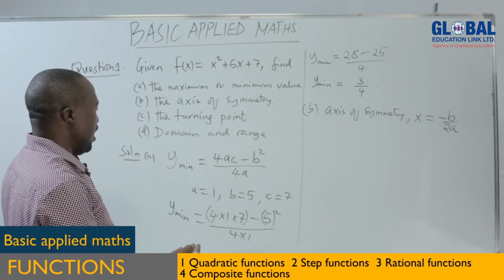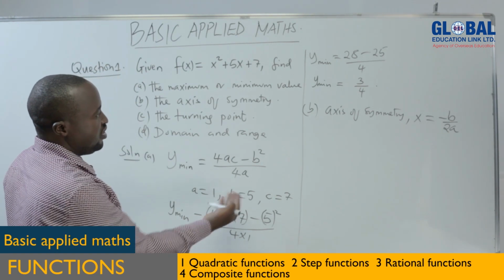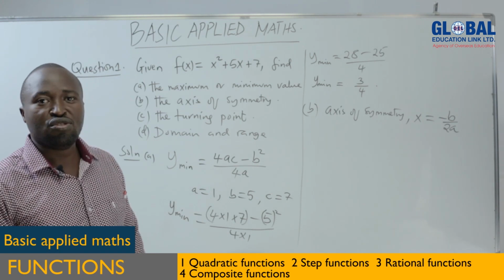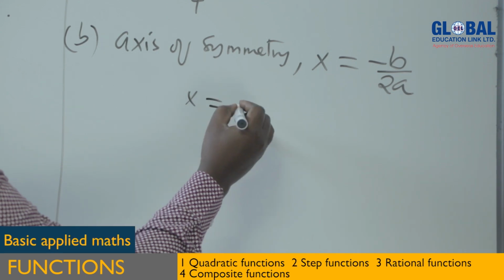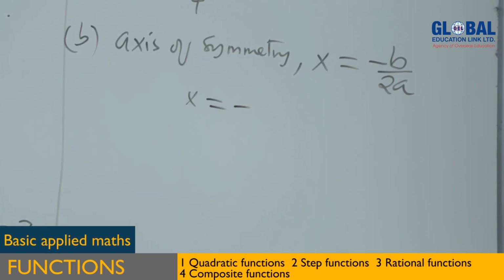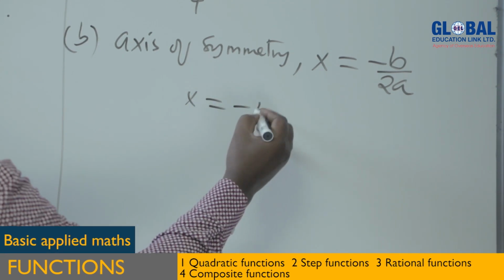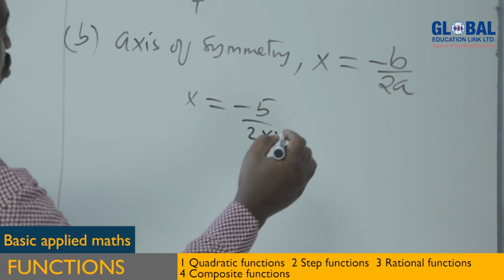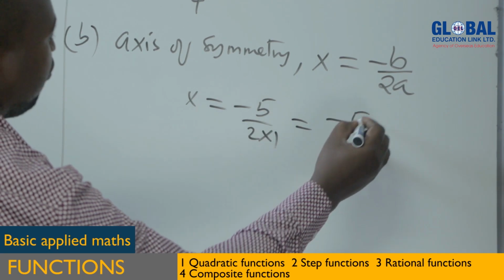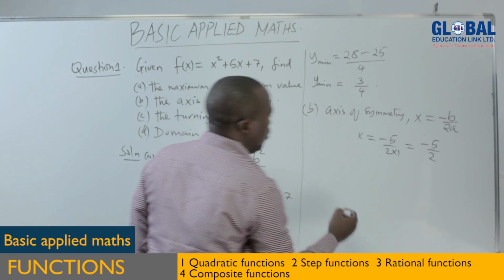Remember, we have values for b and for a. So we just substitute directly by saying xc is equal to negative b, b is 5, over 2 times a, so it is 2 times 1, which is equal to negative 5 over 2.